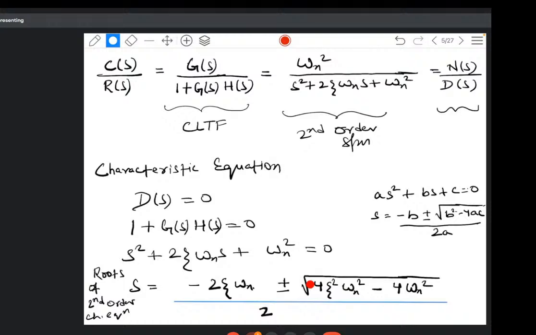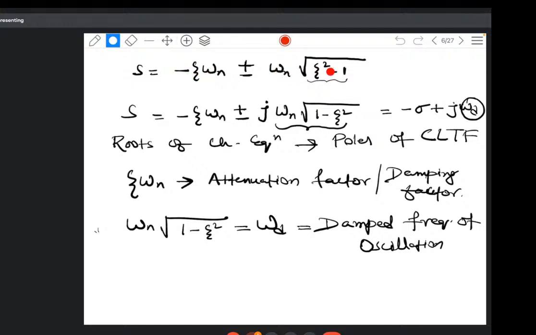If I take 1 minus zeta square instead, since a negative term will come under the root, for the negative term we put j. So j will come, and this will become 1 minus zeta square. Like this: minus zeta omega n plus minus omega n under root zeta square minus 1.